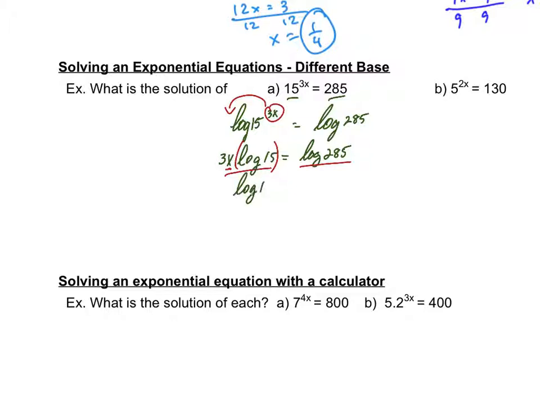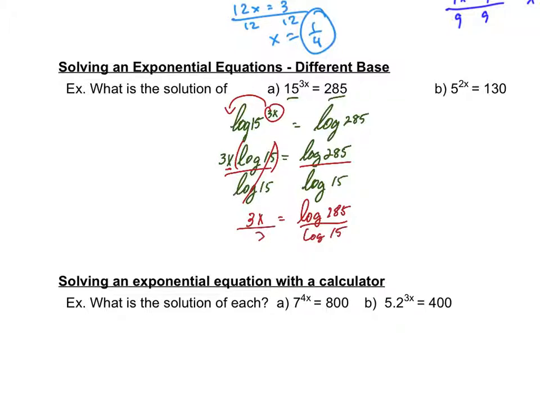I'm going to divide away the log of 15, and what I divide on one side, I must divide on the other. That cancels to 1, and I have 3x is equal to the log of 285 over the log of 15.